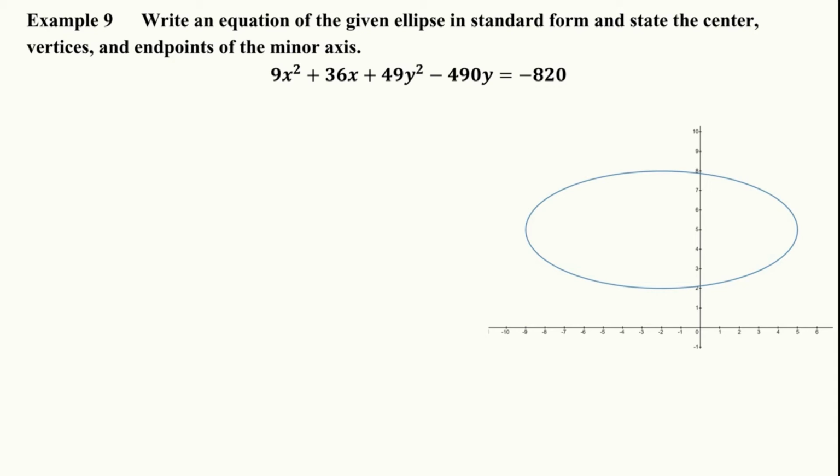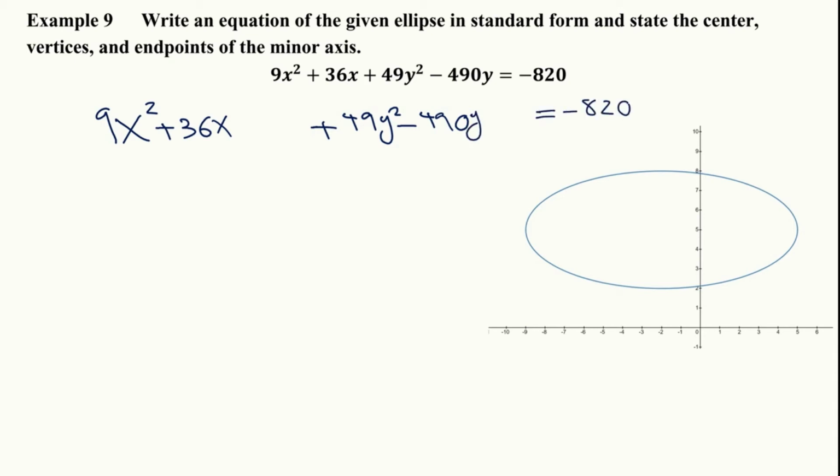So we go ahead and put the x terms next to each other and leave some space, put the y terms next to each other, and leave some space again because we're going to be completing the square.